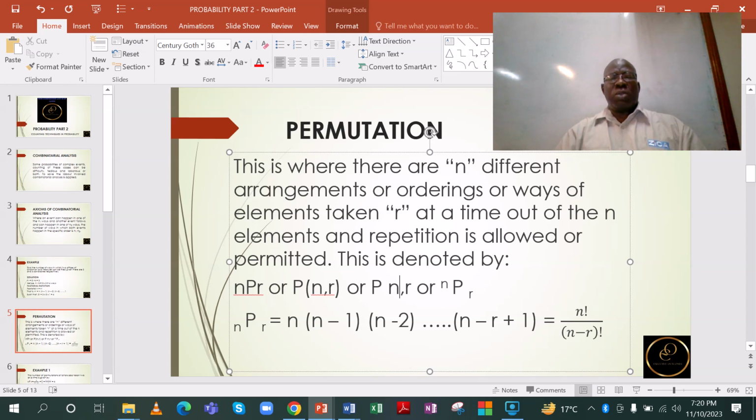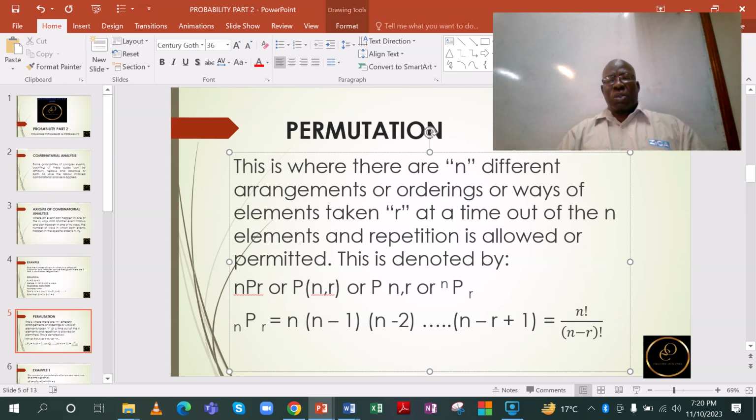So all these mean one and the same thing, they denote the same thing, which is permutation. Now in this particular illustration of the formula, the permutation is given by n multiplied by n minus 1 multiplied by n minus 2, and so on, until you reach n minus r plus 1.